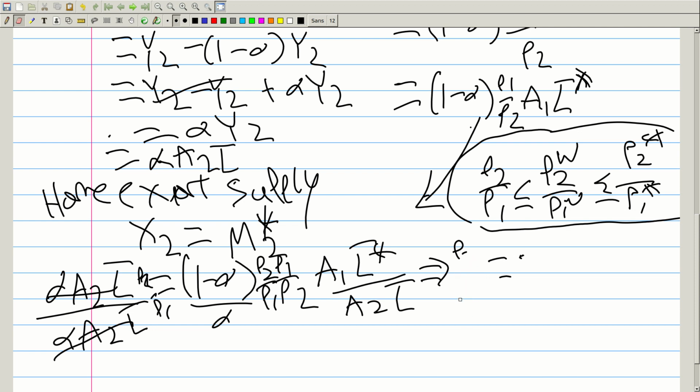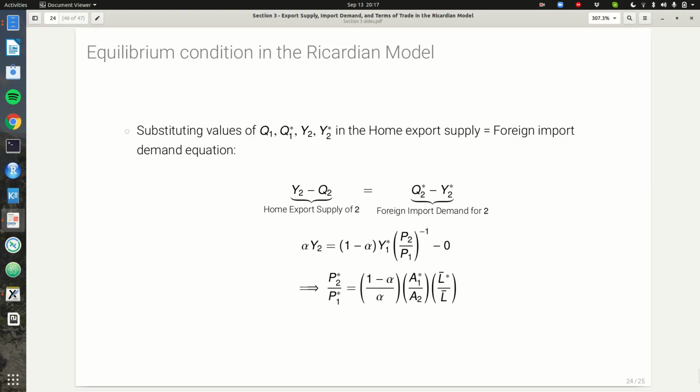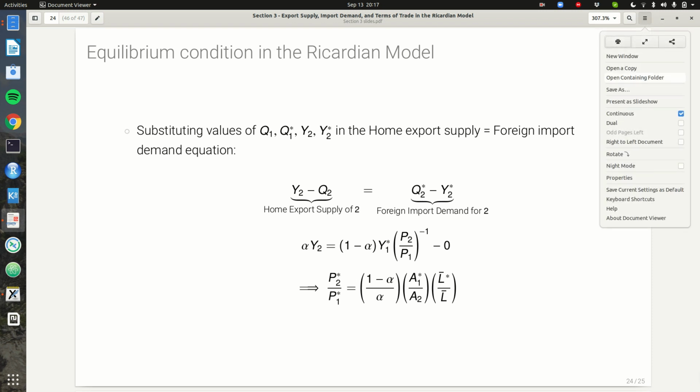So let me rephrase that. P2 equilibrium over P1 equilibrium is going to be equal to 1 minus alpha over alpha times A1 L bar star over A2 L bar.